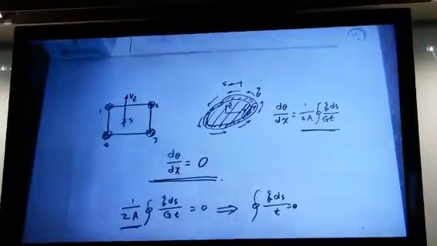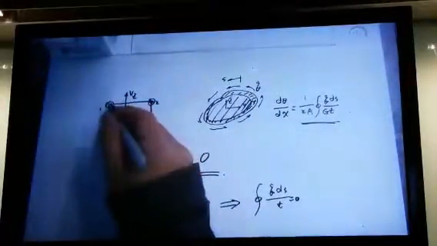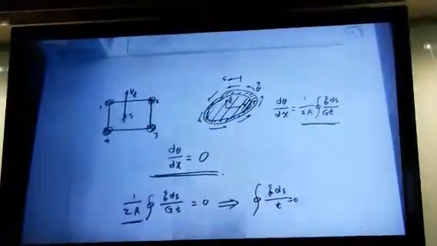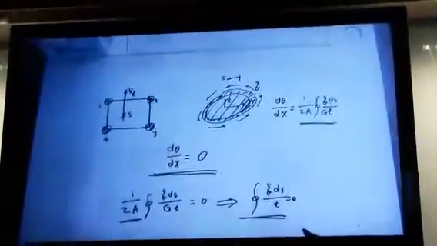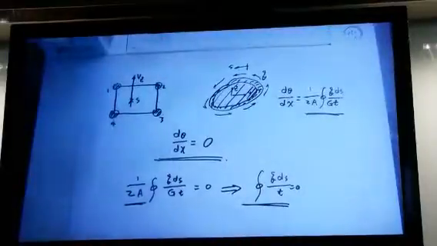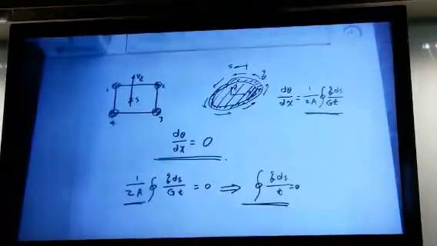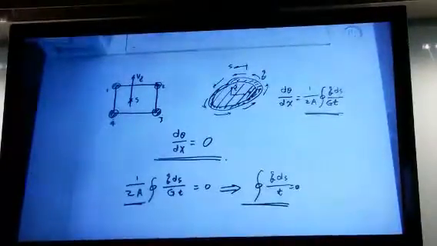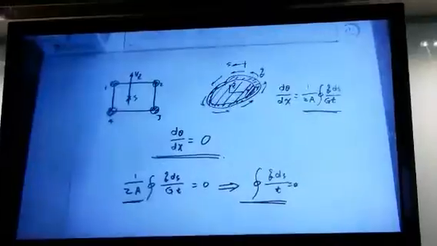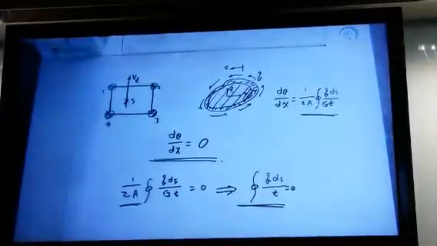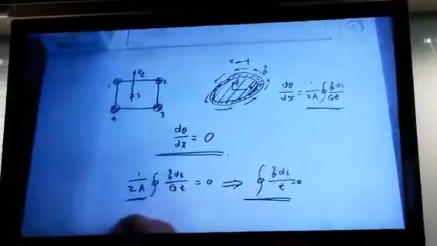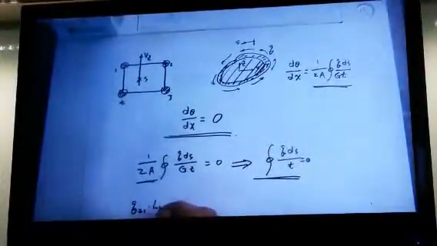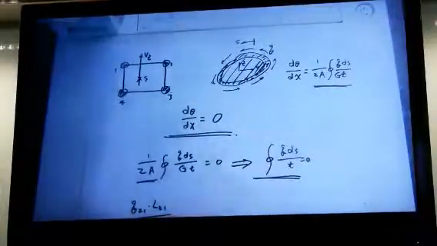And then we deal with that edge by edge: 2 to 1, 1 to 4, 4 to 3, 3 to 2. Use this formula, this is the integration. But for a rectangular shape, we can convert that integration to a summation. We convert this integration about the hoop direction into the summation along the 4 edges. So that becomes q21 times the length L21 over the thickness t21.